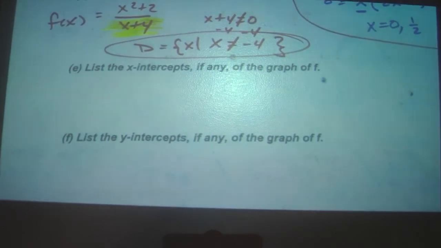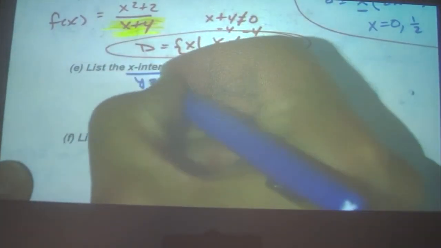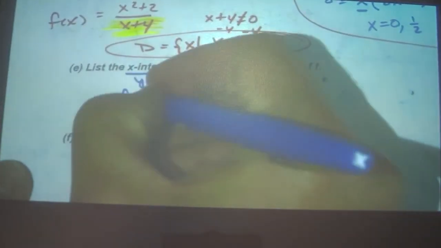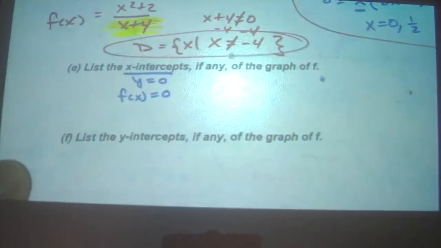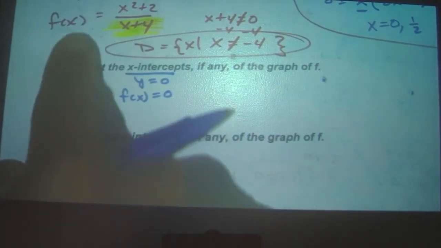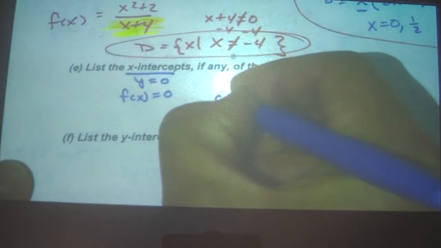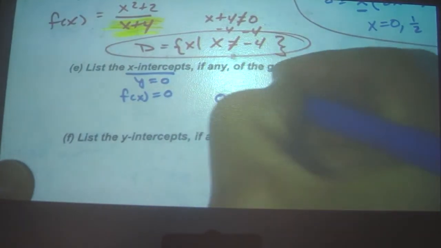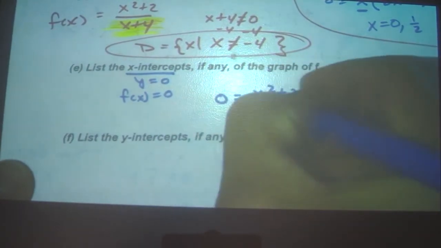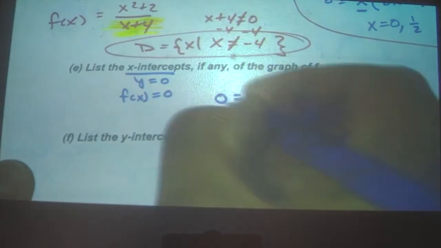Awesome, Zoe H. Fantastic. So x-intercepts are when y equals 0. Or remember, that's when f of x equals 0. So we're going to go ahead and plug in 0 right here for f of x. So instead of f of x equals, I got 0 equals x squared plus 2 over x plus 4.